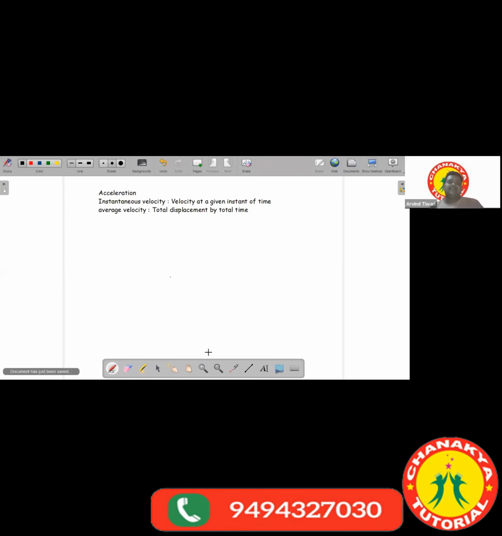Then acceleration. We had defined acceleration as the rate of change of velocity. How fast the velocity changes, that we call acceleration, and we can write acceleration as a equals v minus u over t.